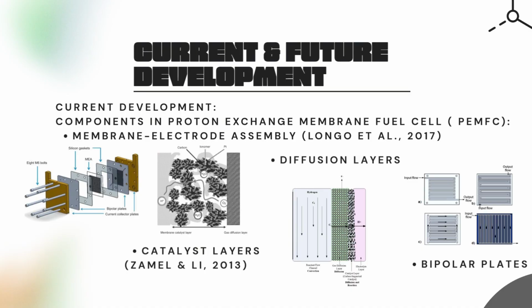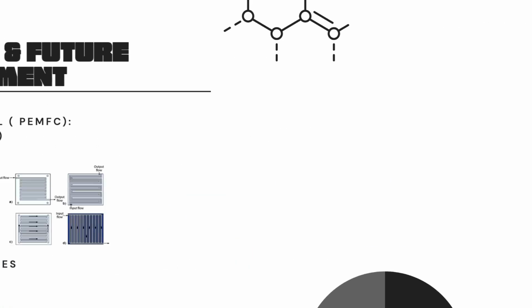The components that make up PEMFC, such as the membrane electrode assembly, diffusion layers, bipolar plates, and catalyst layers, are very important because they improve performance and lifetime and bring down costs, which can enable more realistic and large-scale deployment of fuel cells.